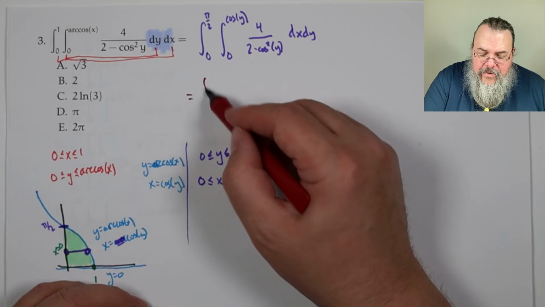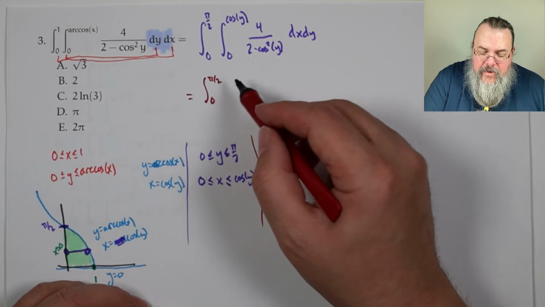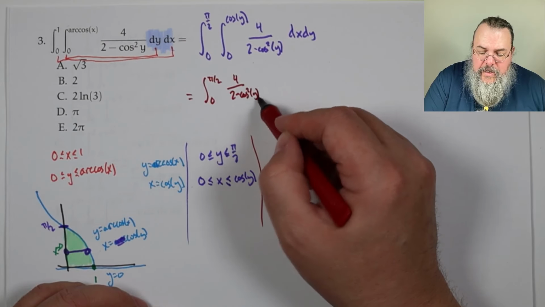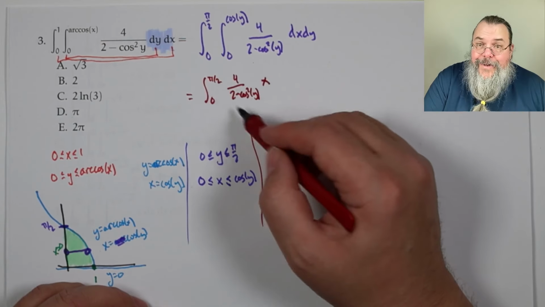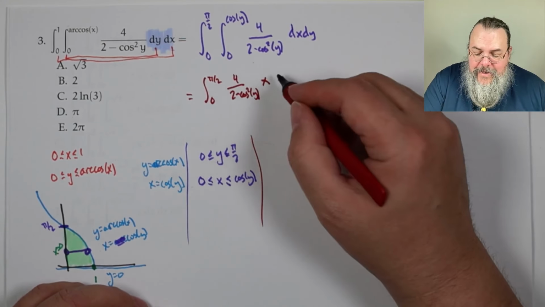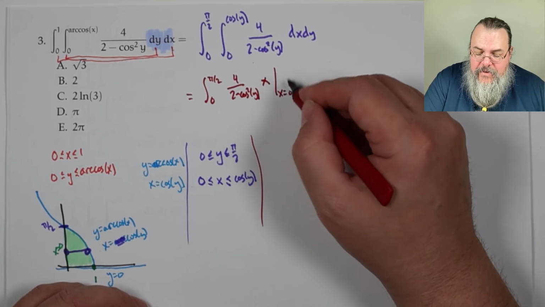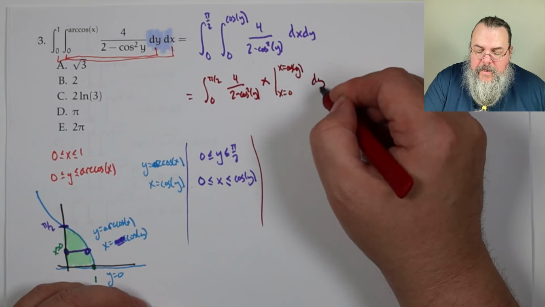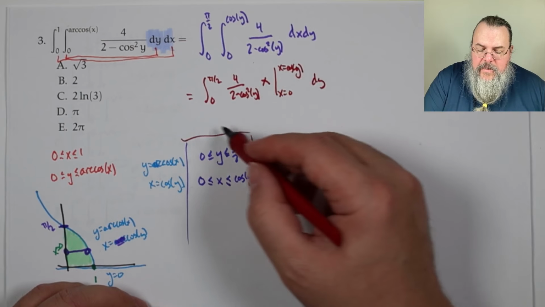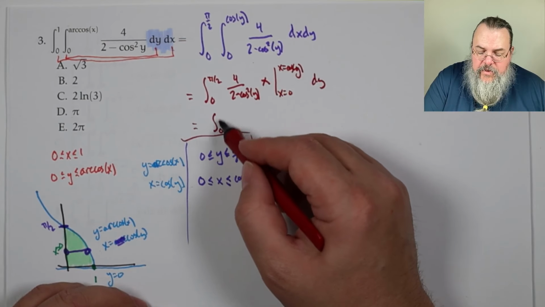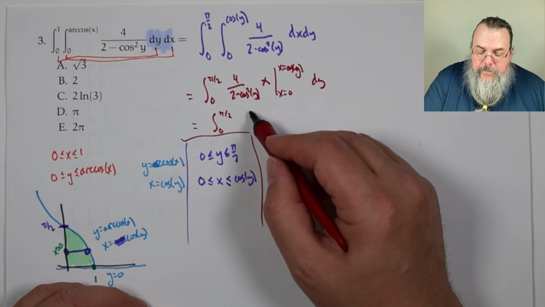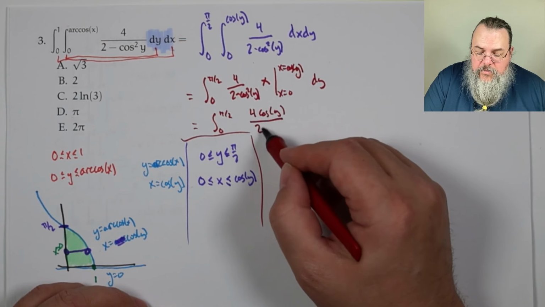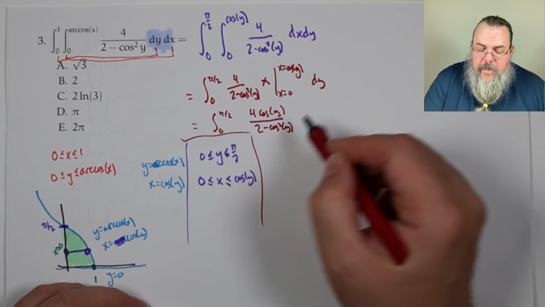This is the integral from 0 to pi halves of 4 over 2 minus cosine squared y, times x, because this is acting like a constant with respect to x, evaluated from x equals 0 to x equals cosine of y, dy. And that becomes the integral from 0 to pi over 2 of 4 cosine of y over 2 minus cosine squared of y dy.